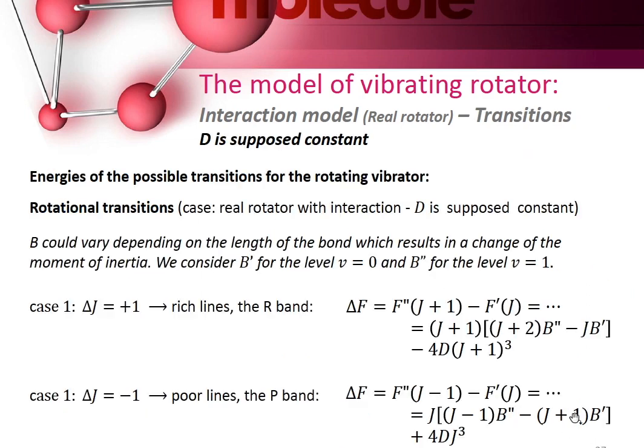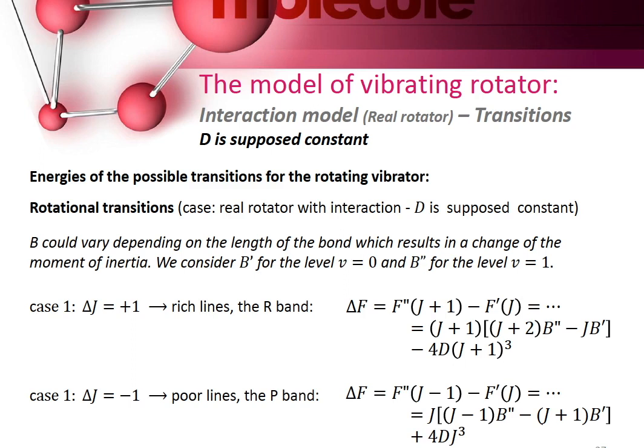Now the idea is we can introduce a centrifugal correction, which we consider to be constant, because you will see that we can also consider it not to be constant.